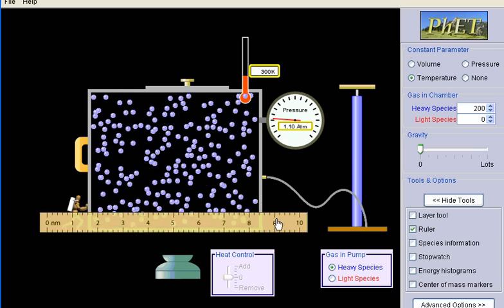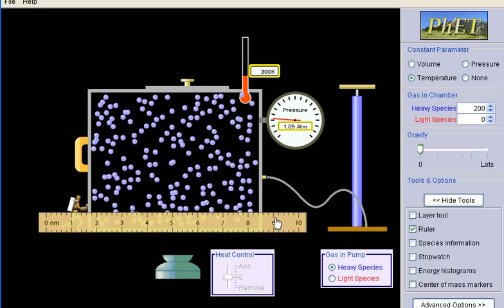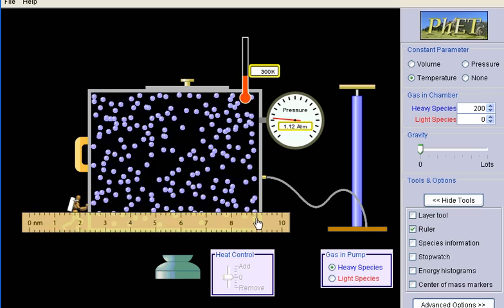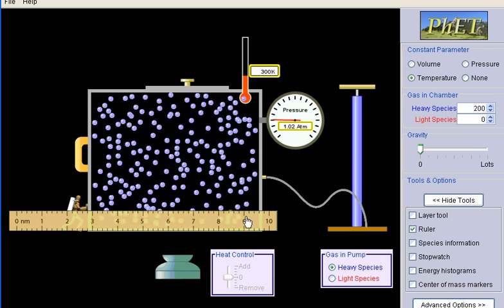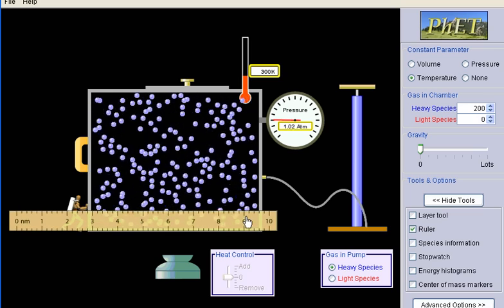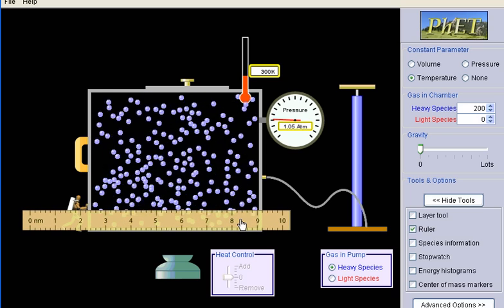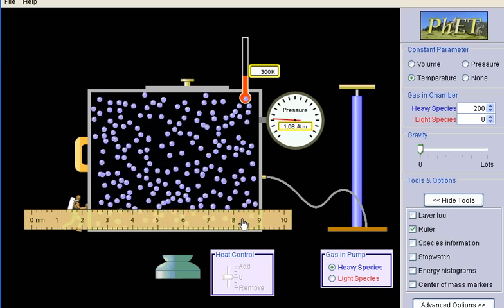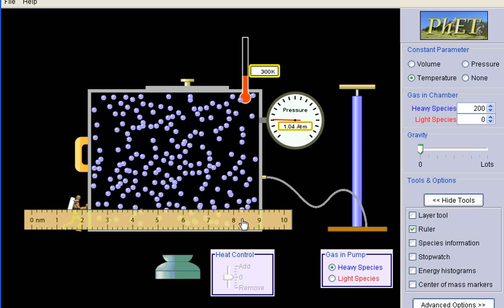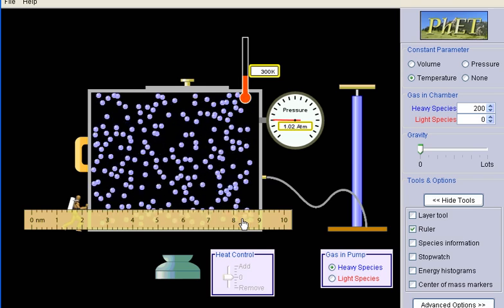So how I change this is, let's say I went to 9. Okay, I need to make sure I look at my pressure, and I want to get it to the tenths place. Right now the pressure is 1.0 atmospheres.